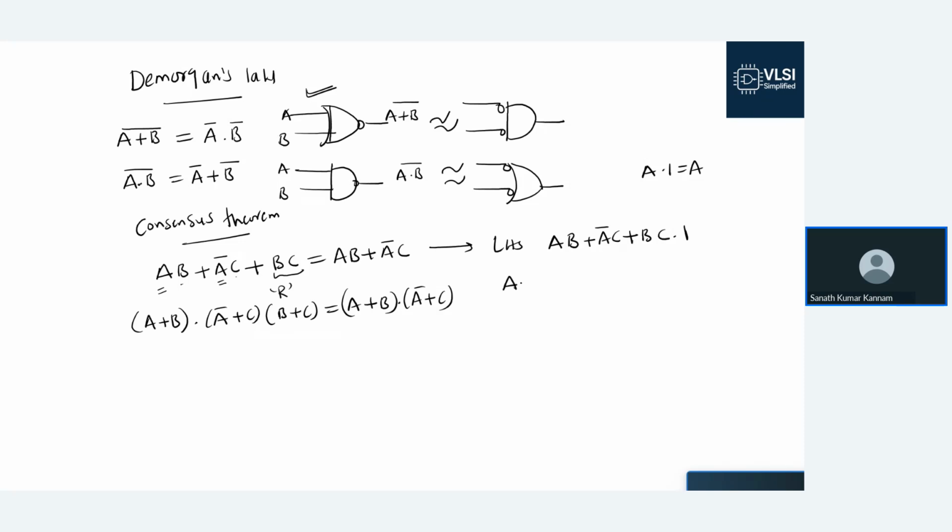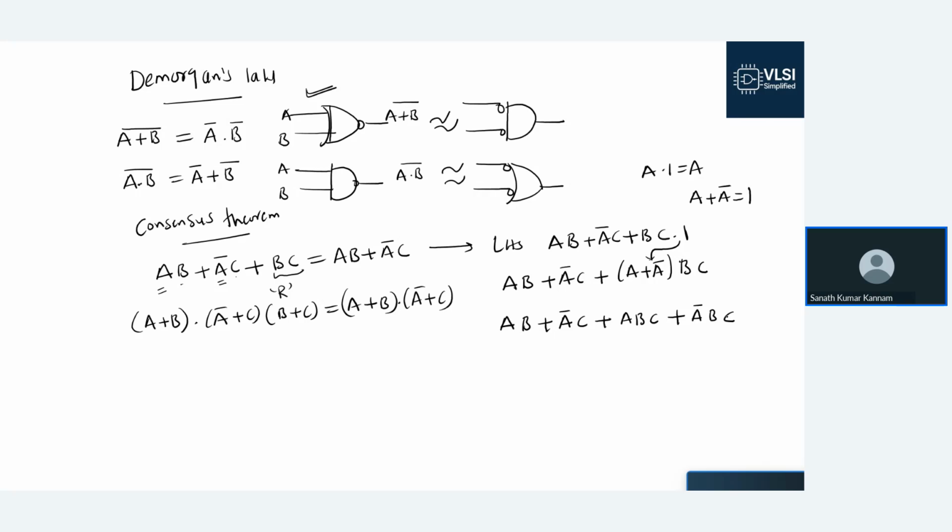So AB or A bar C or (A or A bar) and BC. Why? Because from the OR law, you know that A or A bar equals 1. So if you write this, it is AB or A bar C or ABC or A bar BC.